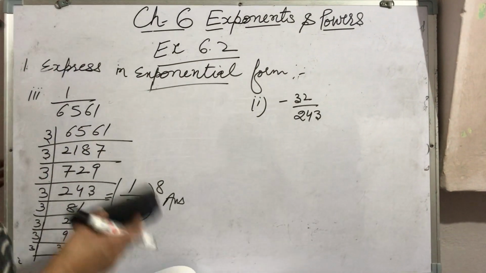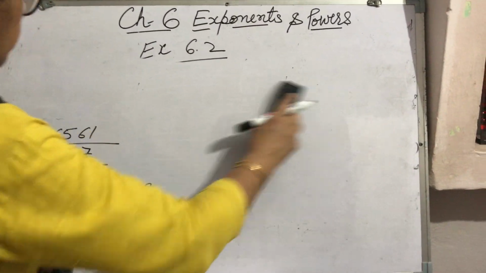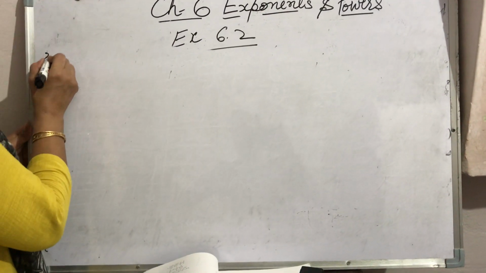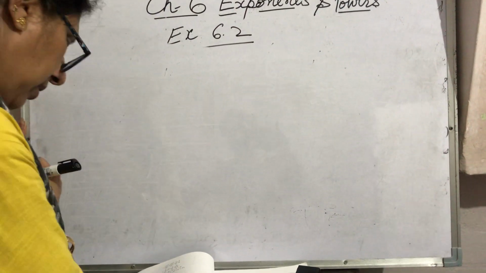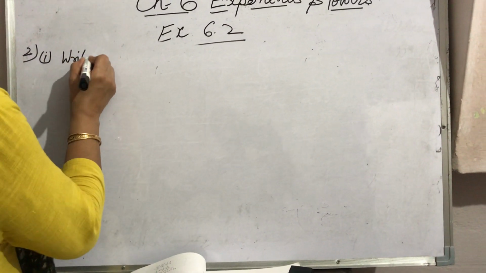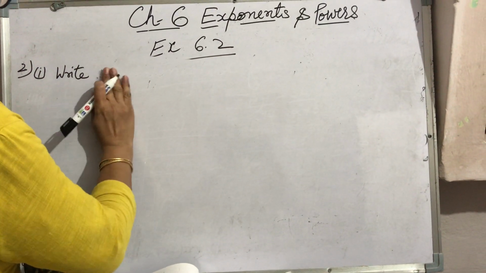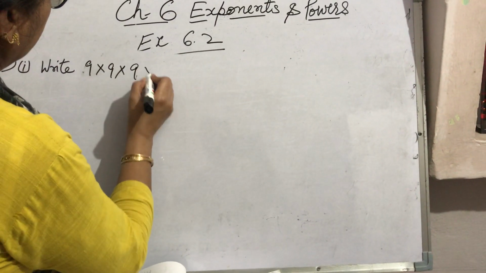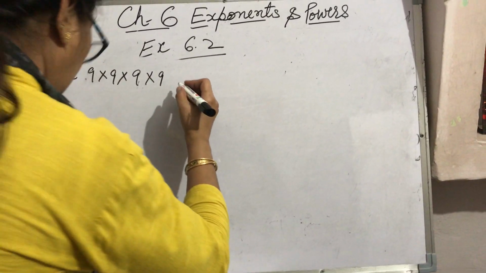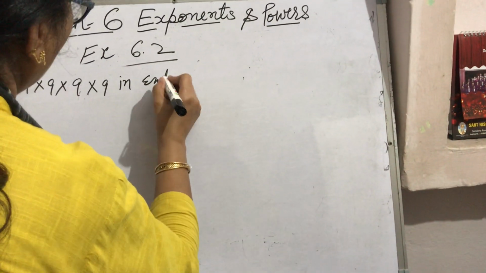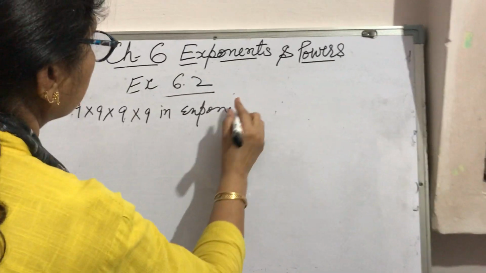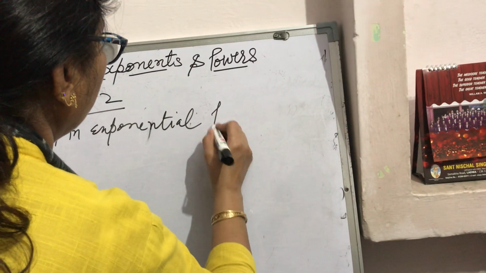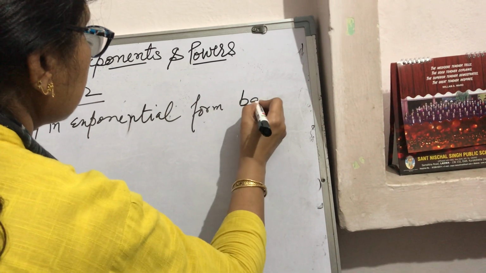Now the second question of this exercise. Write 9 multiplied by 9 multiplied by 9 multiplied by 9 in exponential form, taking base 3.